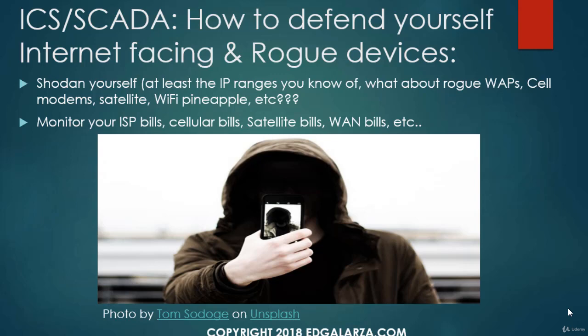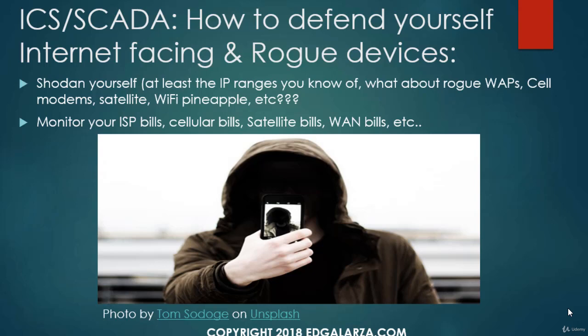Another question and another thing to think about is, what about rogue wireless access points? Let's say that electrician at the substation really needs that Netflix, or they really got to stream that music while they work, and they set up their own Wi-Fi connection there.